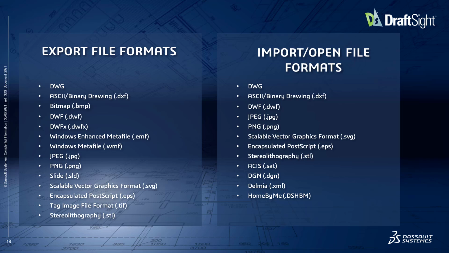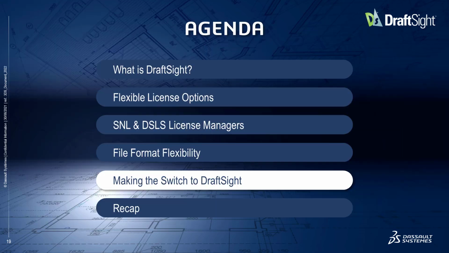Again, DWG, DXF, DWF, all there. You can import PDFs, images, as well as other 3D formats like STL, SAT, and then Delmia and 3D XML files as well. So I just wanted to highlight a different kind of flexibility that DraftSight offers you.